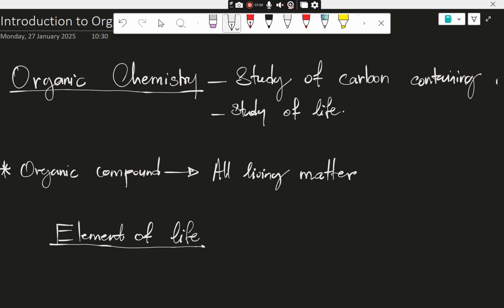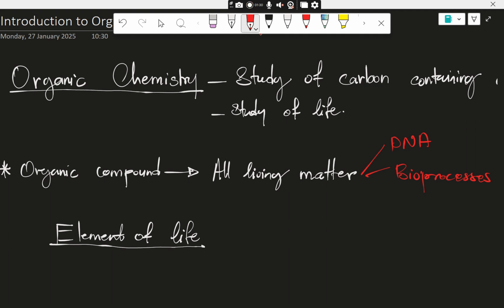So let's just do this. So it's found in all living matter, right? So how is it found in all living matter? It's found in the DNA. It's part of bioprocesses that take place in living organisms, right?